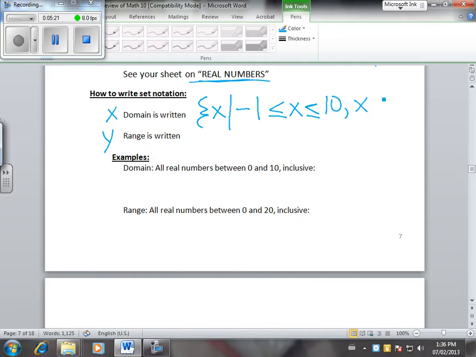And this will include all real numbers. So x is a member of all real numbers. Okay? And here you have your lower limit and your upper limit.